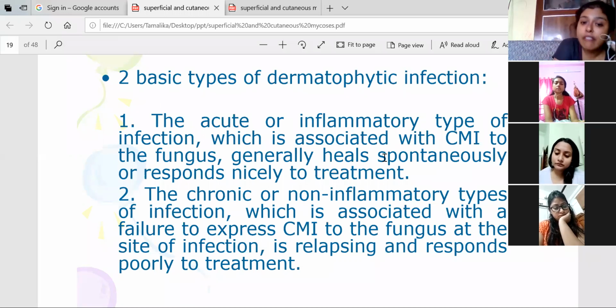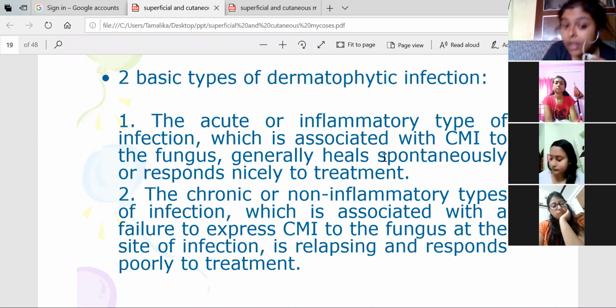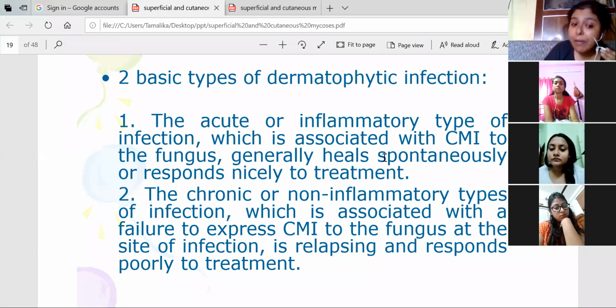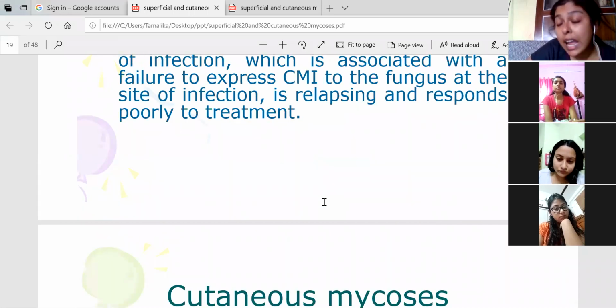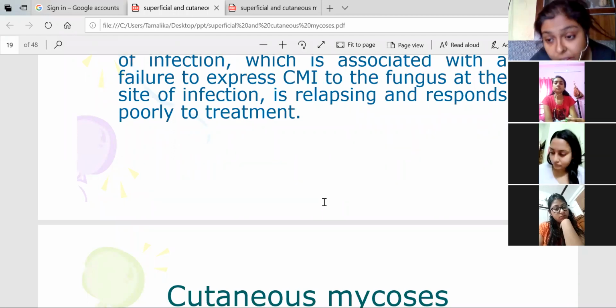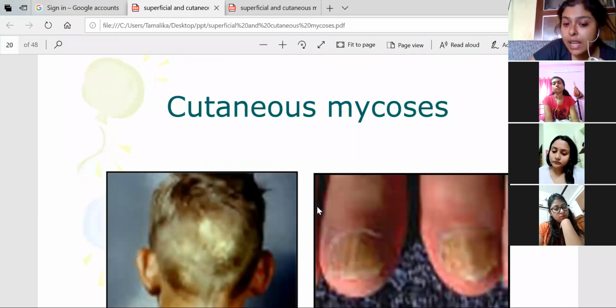Some people have the first option and respond easily to treatment. Some people have the second option, with relapsing, recurring infection, and the treatment will not give a proper result.